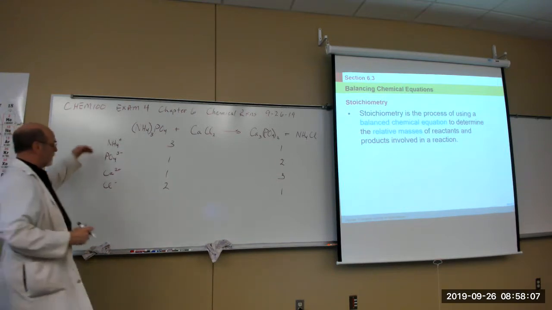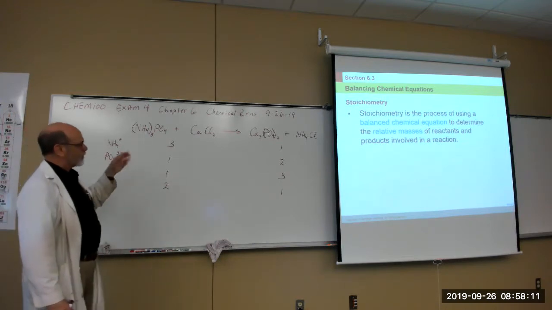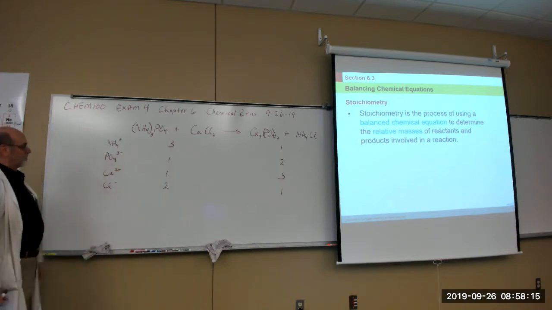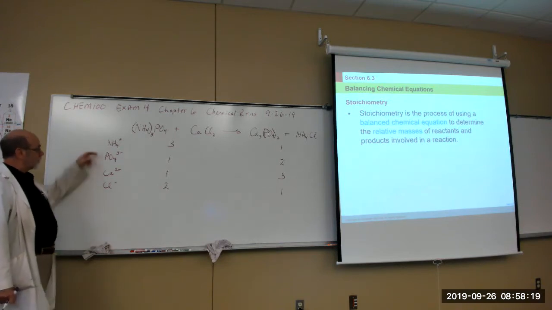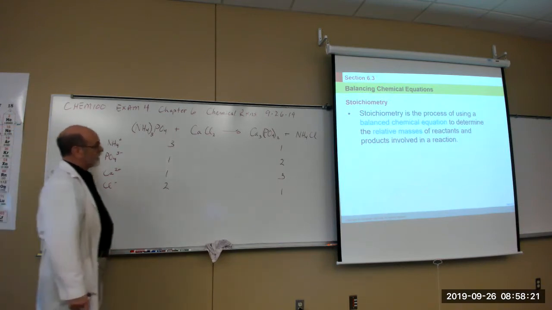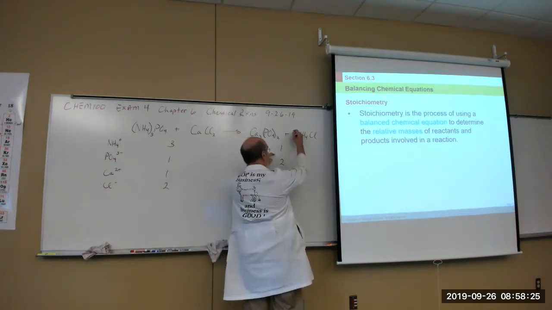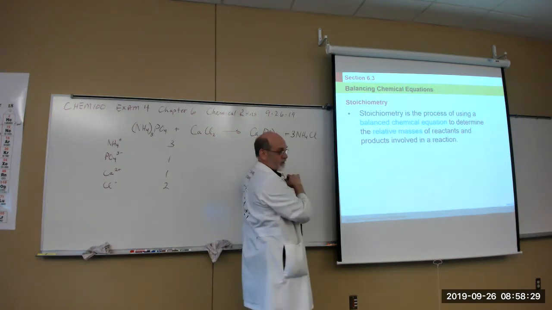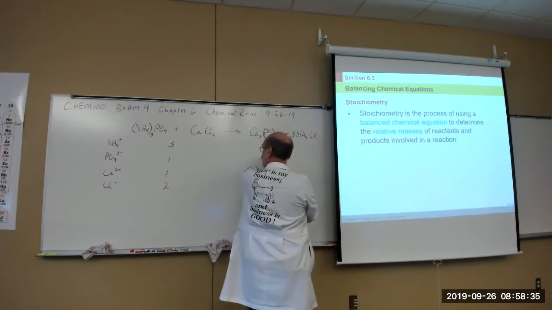Okay, so we've tallied what we've got first, and there are no free elements in here, so there's nothing to hold till last. So I would just start at the beginning. We've got 3 ammoniums on this side. We need 3 ammoniums on this side. But you're going to have to change it because you need 2 phosphates over there. So it'll be 6.